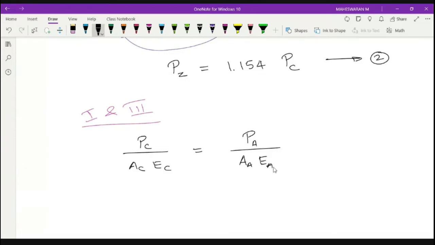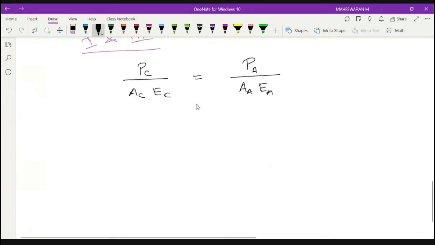PA will be equal to AA EA divided by AC EC into PC.